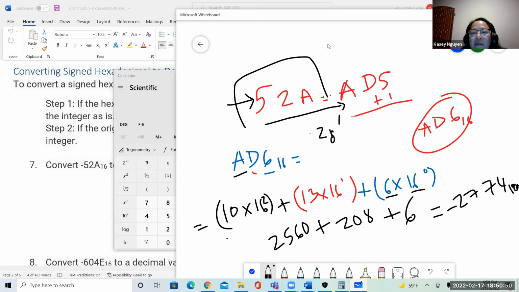Yeah, that is correct. So you apply the sign when you write out the answer, 2774 negative. That's step 2 as indicated here. And that's why this part was added to carry this.